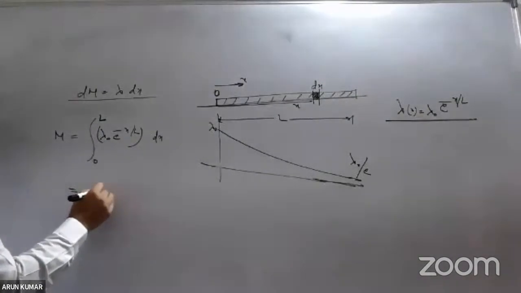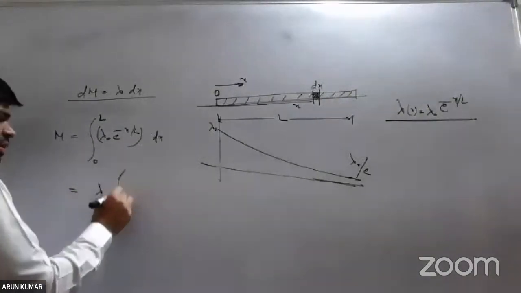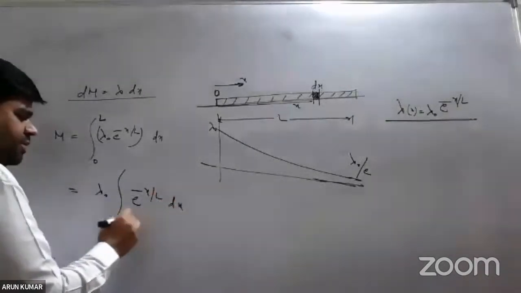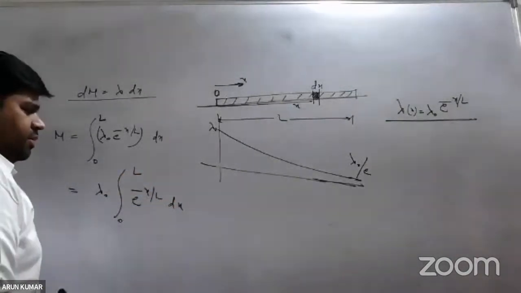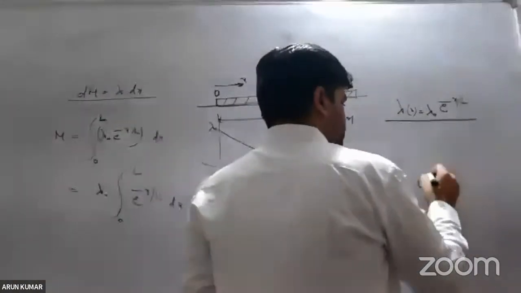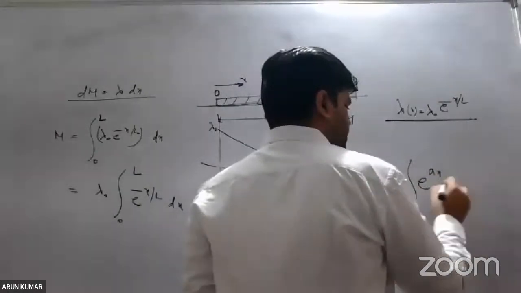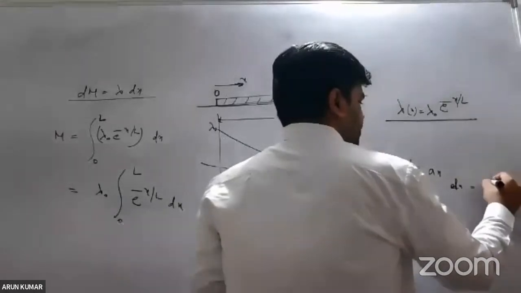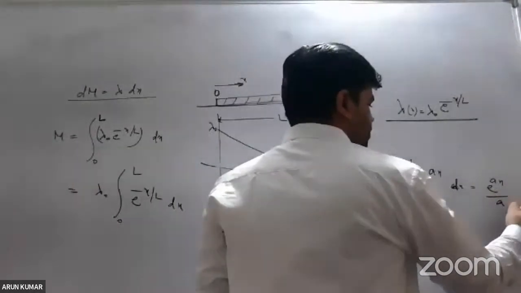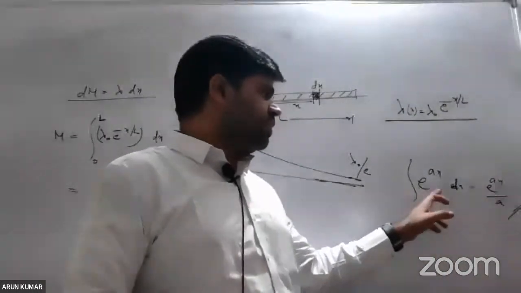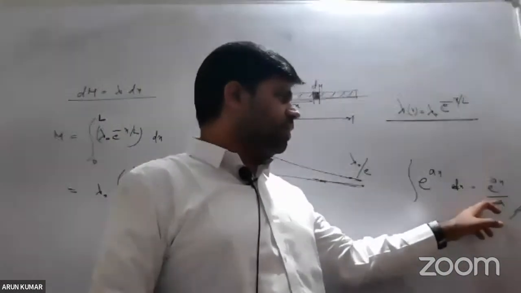Now I have to integrate this. Lambda naught comes out, integral e power minus x by L dx from 0 to L. Now the integral of e power ax dx is e power ax by a. Just to verify, if I differentiate this, I should get this. What is the derivative of e power ax by a?